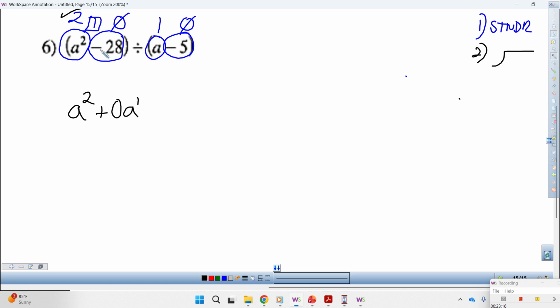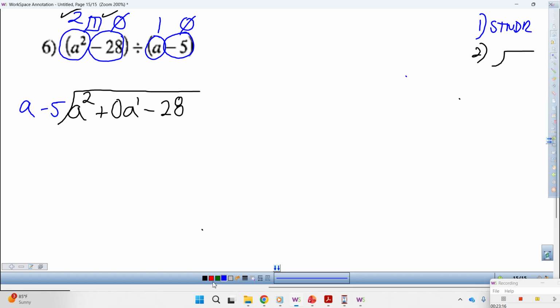That's the one that was missing. That's why we boxed it. And then we check it off. What's next? 0 degrees, so that's minus 28. Divided by our divisor. What's our divisor? a minus 5.